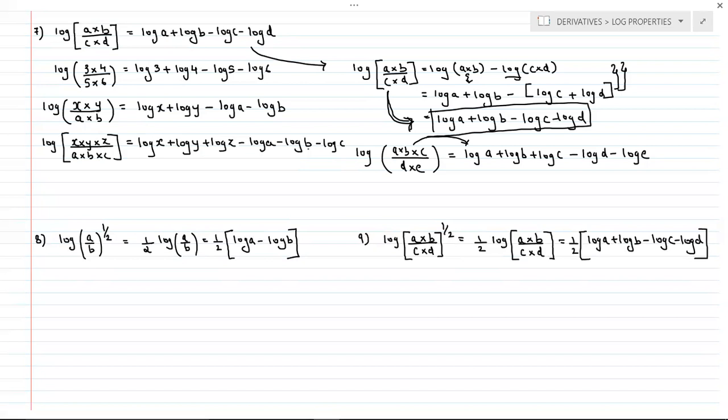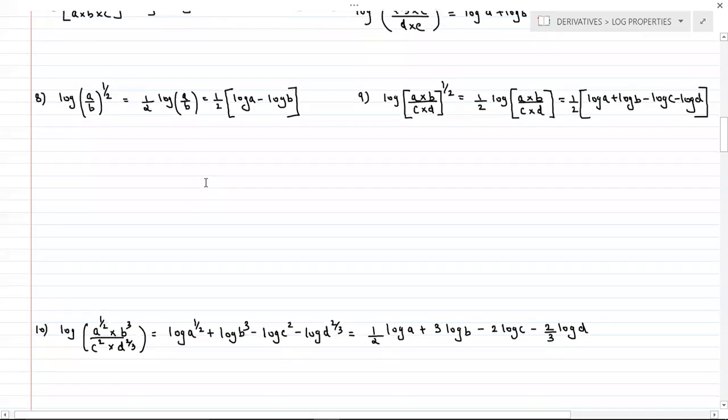So this is not a property actually. Remember, property number 7, 8, 9, it's not the property. You can remember this as an adjustment in the log. If you want, you can keep the 7th, 8th, and 9th as properties also. I hope you all understood how to do the adjustment whenever there are some terms in the numerator and some terms in the denominator. It can be written like this: numerator terms go in addition, and the denominator whole term goes with subtraction.